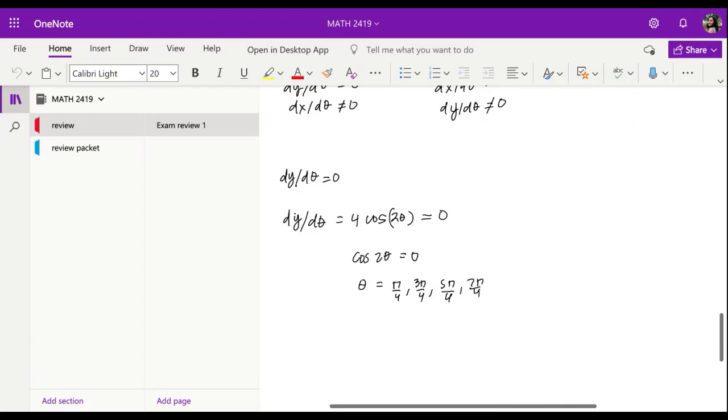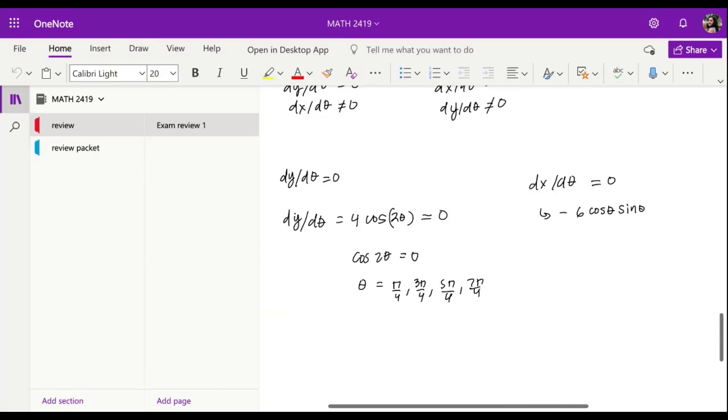So for dx/dθ equal to 0, we can take the derivative with respect to θ again, but this time for x. The derivative will be equal to negative 6 times cosine θ sine θ. We basically use the chain rule to find the derivative. Now we can solve for the points where it equals 0.